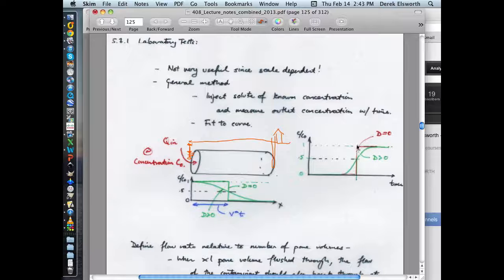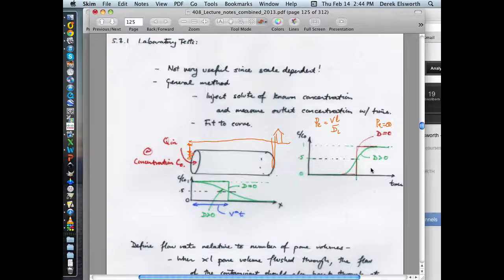For big Peclet numbers, infinite Peclet numbers, which physically mean, since the Peclet number is equal to the ratio of advective velocity to dispersion, when dispersion is 0, then the Peclet number is infinite. So that's the other way to think about this, right? As Lauren drew.